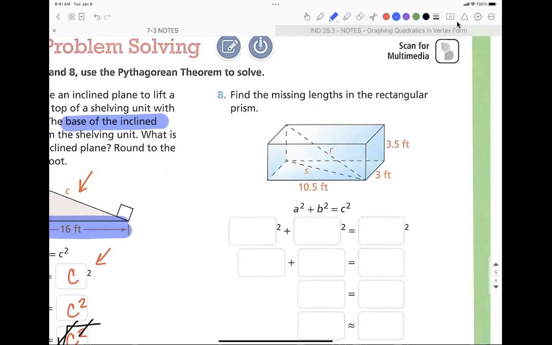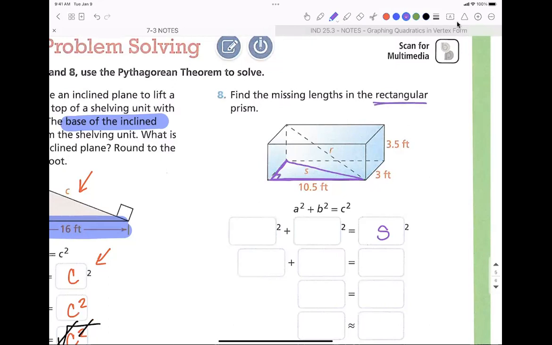So if you're just looking at, let's kind of put it in purple here, this right here is our bottom, and there's the diagonal, and that's the S that we're solving for. And since they used S, I'm going to go ahead and put S over here. That's what we're solving for. It's C squared, and I'm not really too picky if you put C squared there, but since we're solving for S and R, let's keep them separate. So the S is our C here, and even though it doesn't really look it, this is a right angle because it's a rectangular prism.